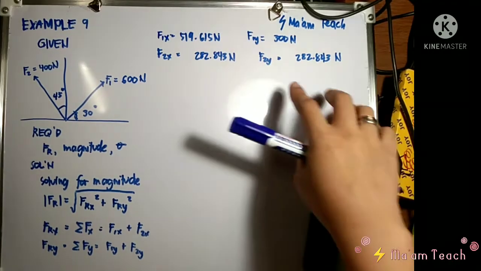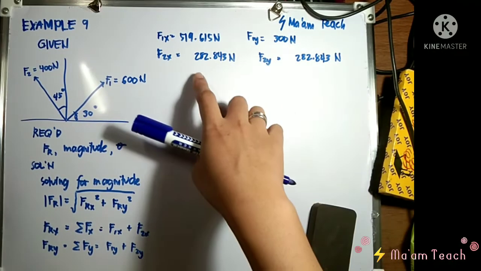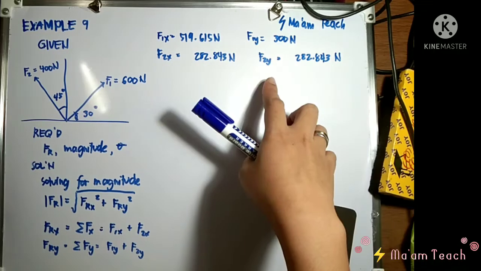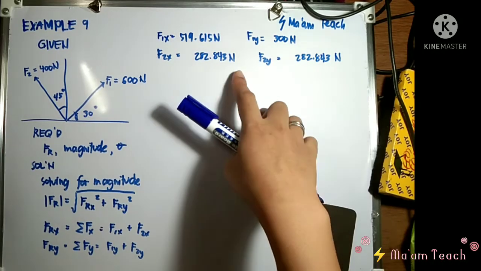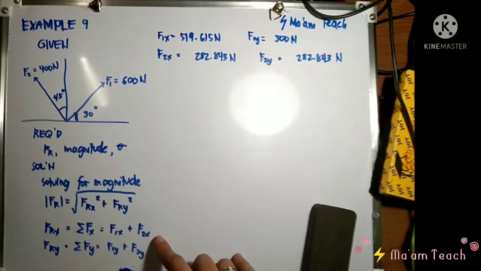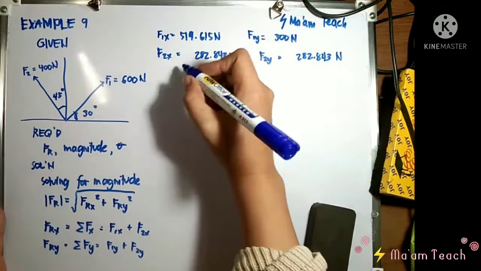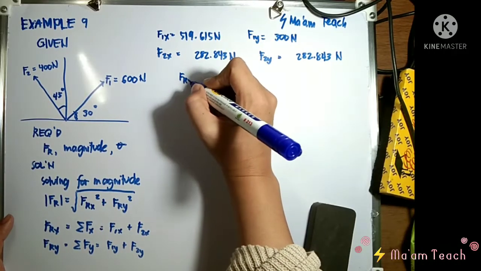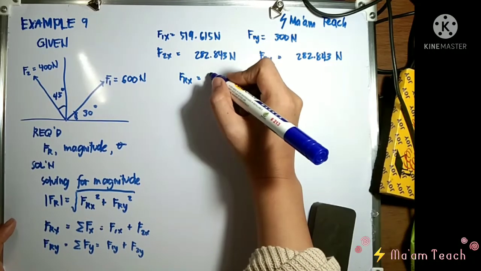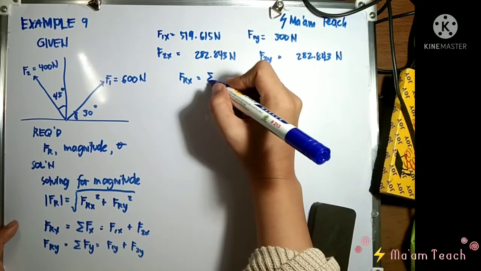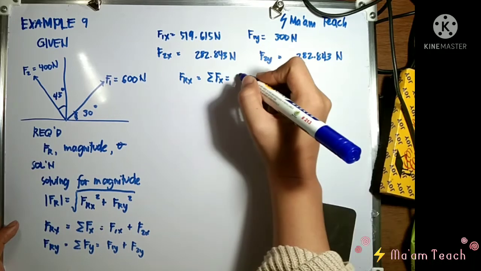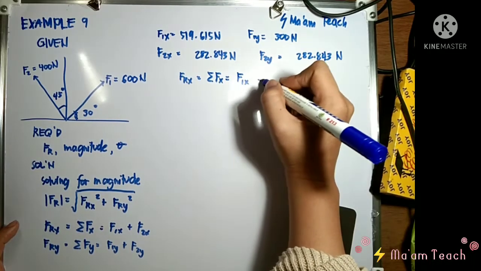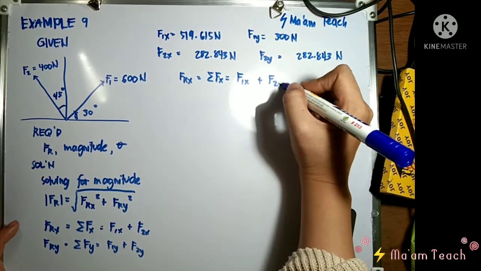Okay, so I have here made a copy of the values of the x and y components of each of the forces. So we will now solve first for the FRX by simply adding our x components. So we have F1x and F2x.